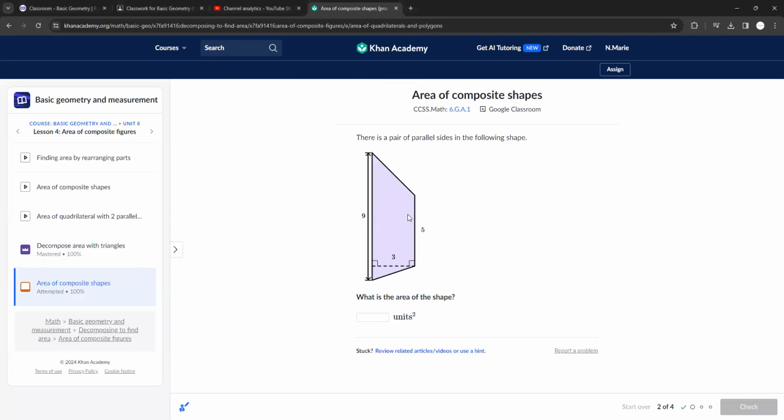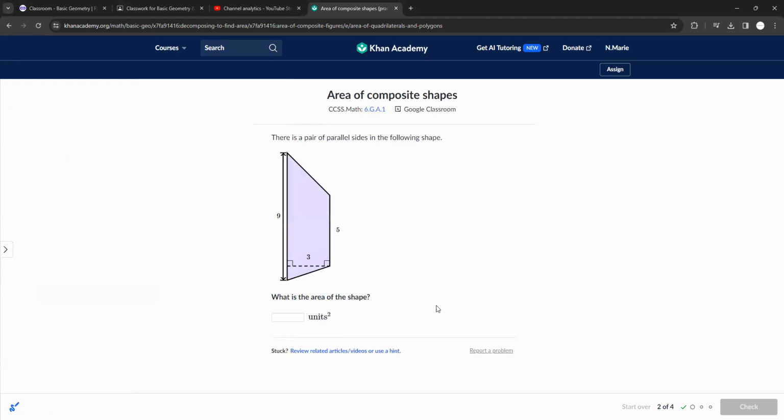Okay, so last part we're doing is area of composite shapes. So for these, you need to split them up on your own. So I'm going to split it into another triangle there. If that's 5 and that's 3, let's see, we can also, okay, so if I did it like that, if that's 5, the entire thing is 9.